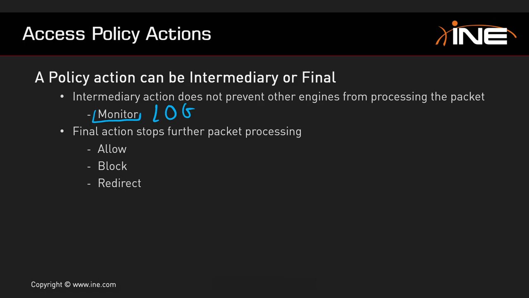So it's like the WSA says, okay, I've got a match here in this control setting with this rule or just within that policy. The policy is configured with the monitor action. So I'm going to log the transaction, but I don't really know at this point what to do with the transaction. I don't know if it's good or bad, if I should allow it or not. So I'm going to hand it over to a different control setting, to a different engine, or just continue with evaluation of other policies so that those components can make a final decision.